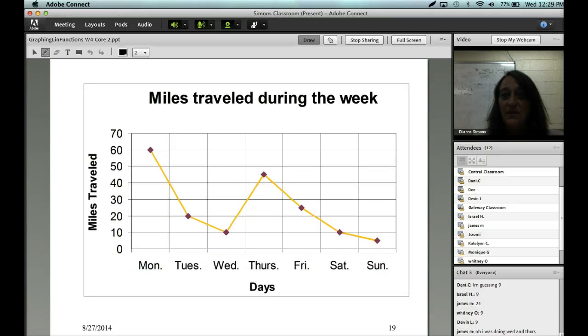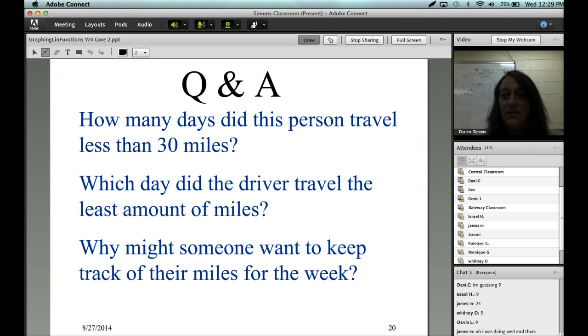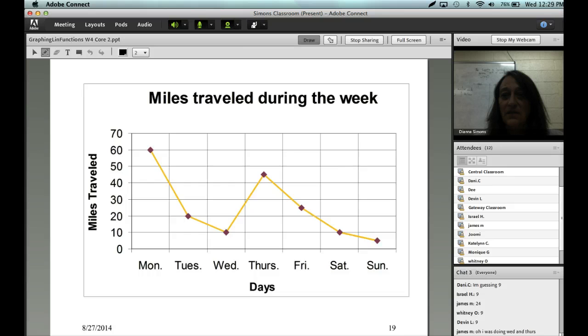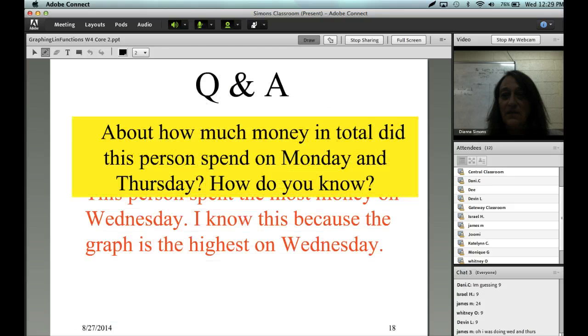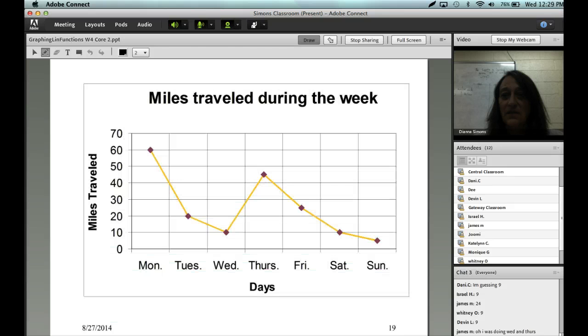All right, real quick. Last one. I'll go back to it, but if you look at this, this is miles traveled and the days that they traveled that many miles during the week. So, how many days did this person travel 30 miles or less? Whoa, it's going crazy on me. Why does it do that? Okay, 30 miles or less.